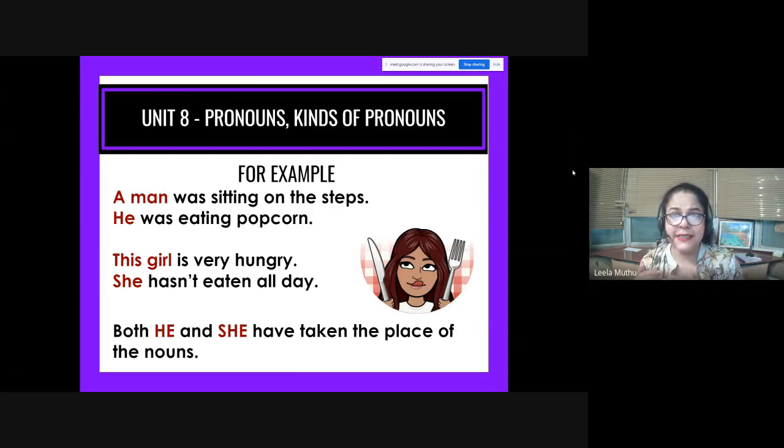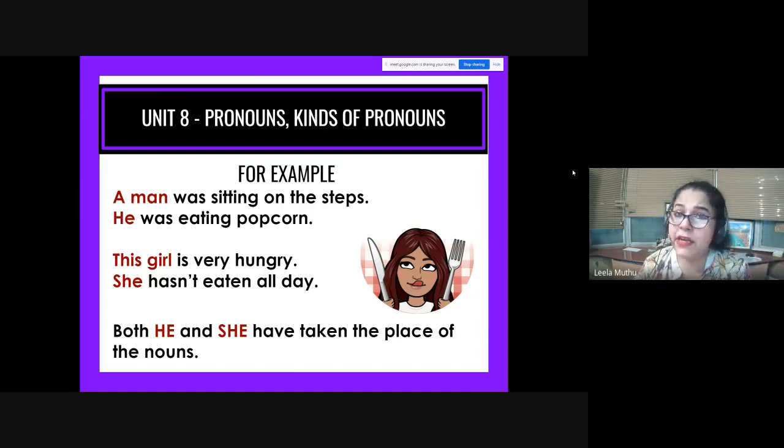In the second sentence, we know we are talking about that particular man, because you said it immediately after the first sentence. And since the man is a masculine noun, we use a masculine pronoun to replace the noun. He was eating popcorn.